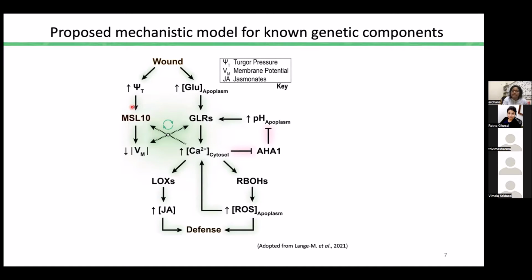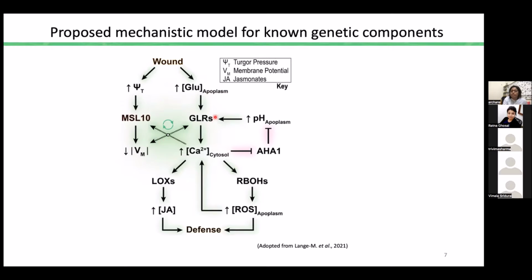And very recently, people have found its role in the defense responses. So this membrane stretch activates MSL10, and this leads to the membrane depolarization, and the membrane depolarization and glutamate accumulation in the apoplast.